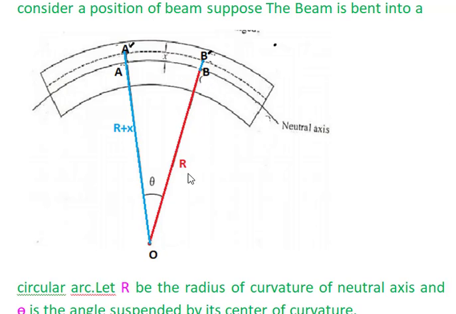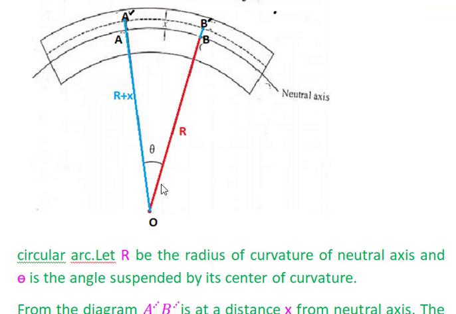R is the radius of curvature of the neutral axis, and theta is the angle subtended by its center of curvature.